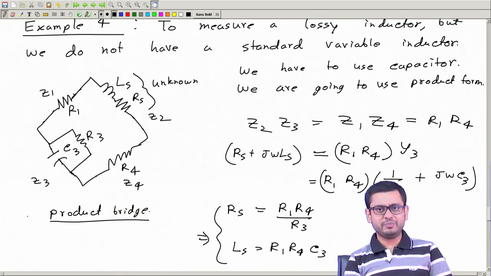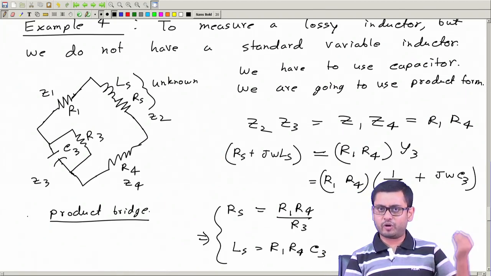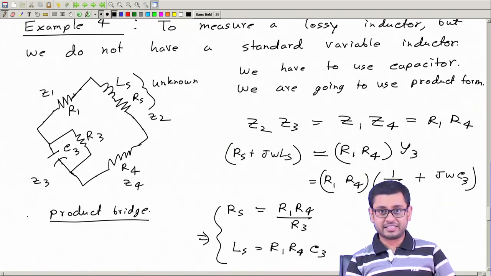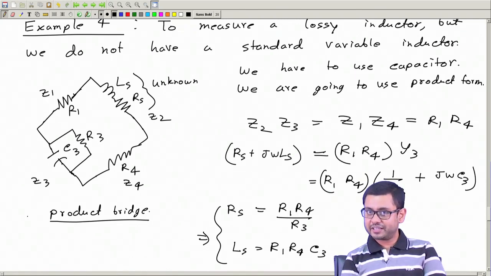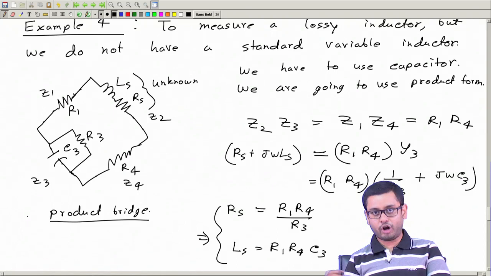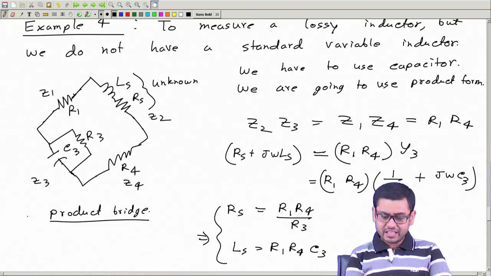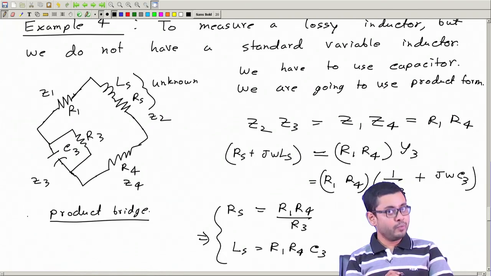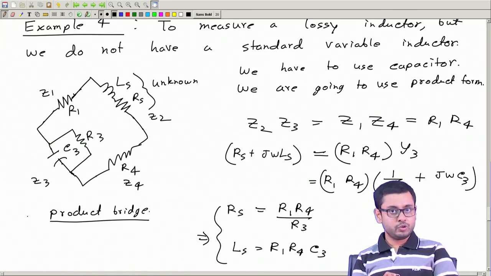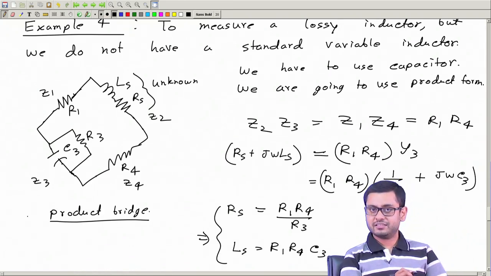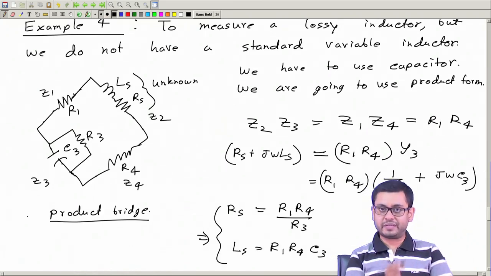If you just design the bridges in either product form or ratio form, they become very easy. We have seen some examples. We will do more practice in following videos in problem solving, and this idea will be clear. Do not memorize, do not remember anything, design your own bridge.